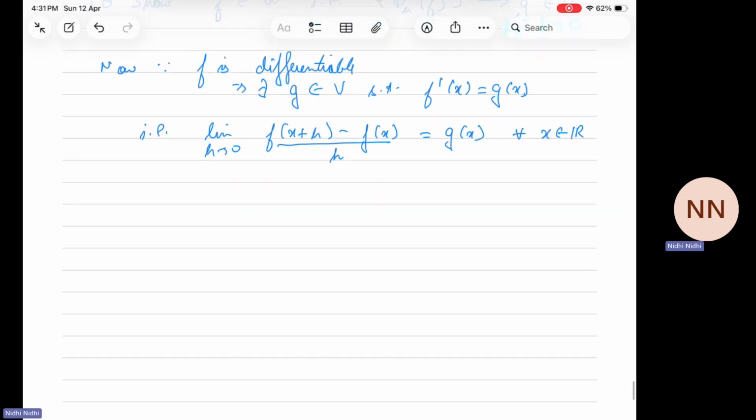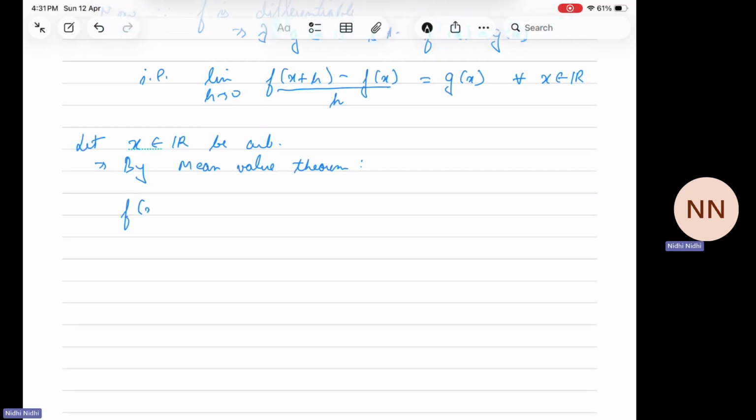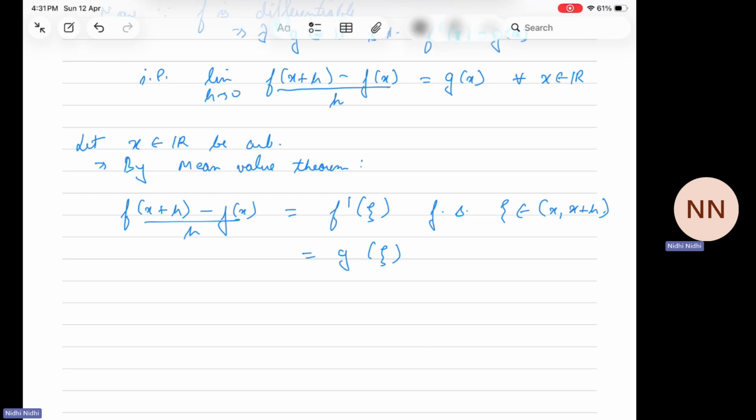Now let x belonging to R be arbitrary. Then by mean value theorem, f x plus h minus f x upon h is equal to f dash xi for some xi in x to x plus h, which is equal to g xi, because f dash is equal to g.